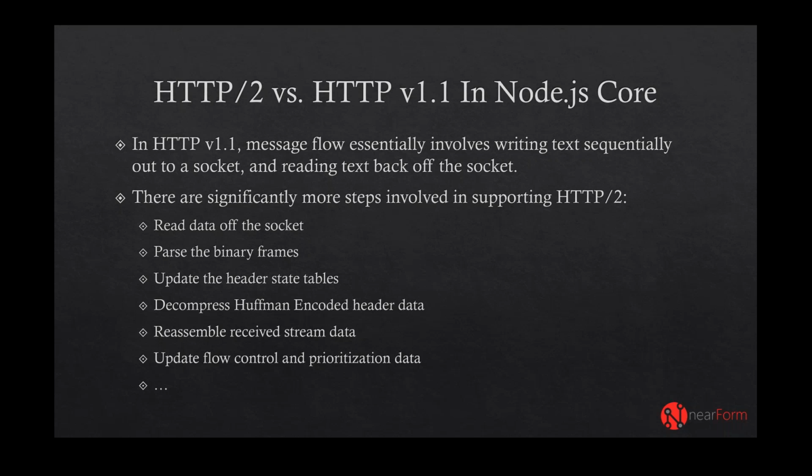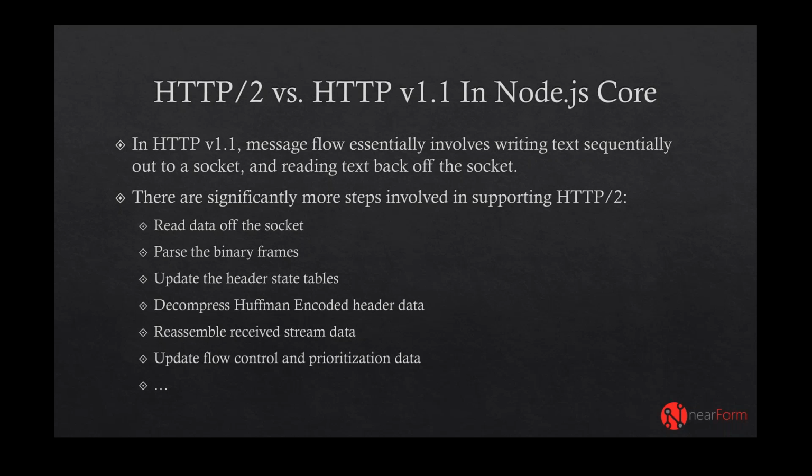There's also flow control and prioritization that has to happen independently of the flow control and prioritization at the TCP layer. So there are many things happening there, and a lot more that has to happen per tick of the Node event loop, which means the performance profile of your applications is going to be drastically different than what you see in HTTP1 today.